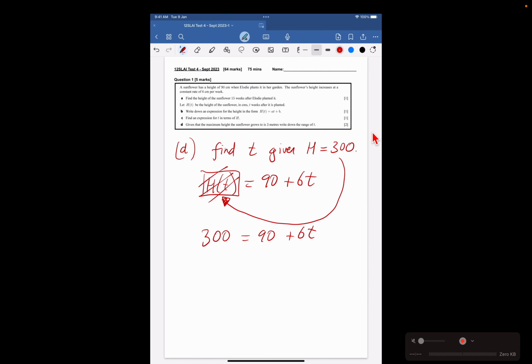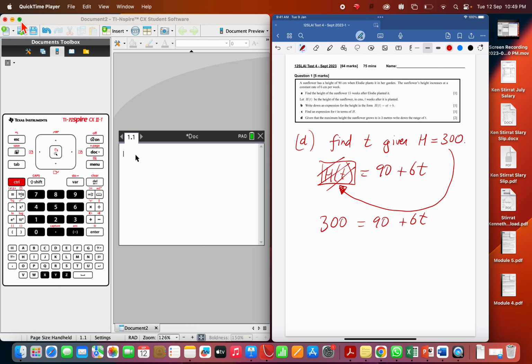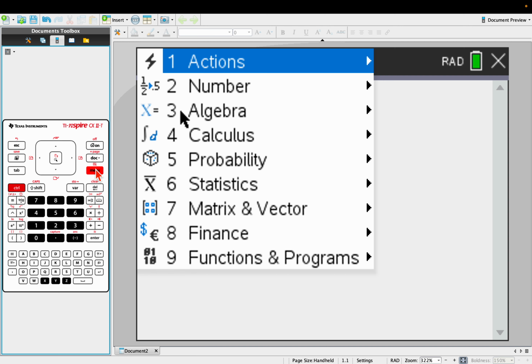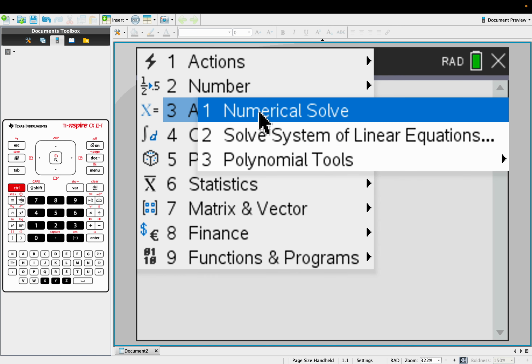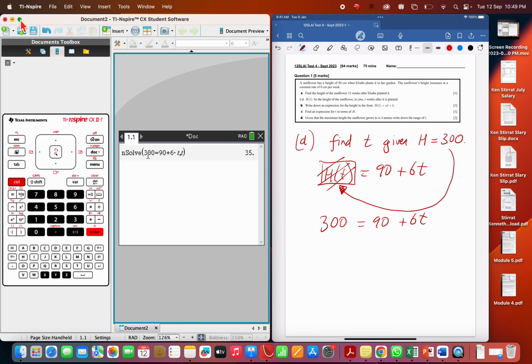Now, of course, there's a nice algebra way to solve it, but if you're really struggling and you have a brain failure, then it's okay to switch to the calculator, menu, algebra, numerical solve, then we just type in the equation, right? 300 equals 90 plus 6t, and then we have to comma t, and we get 35. So let's go back to our iPad, and we have finally t equals 35 weeks.